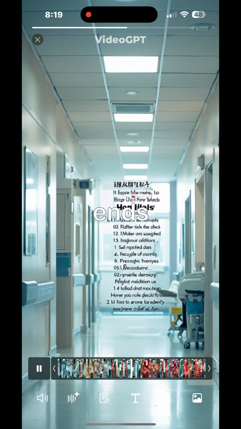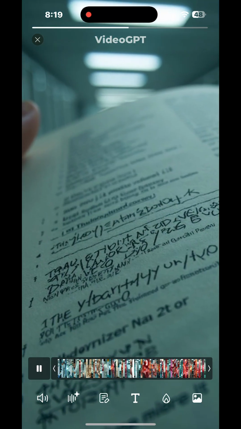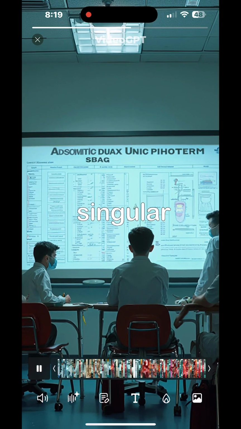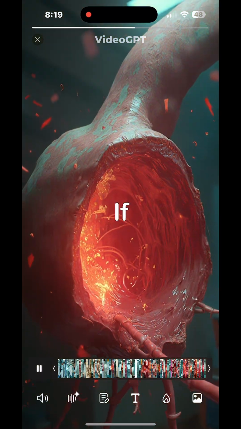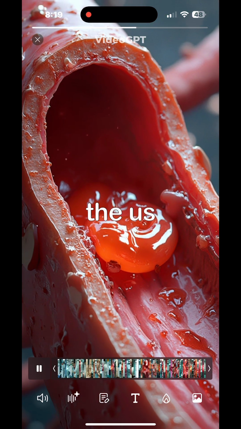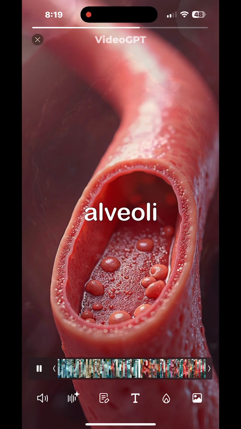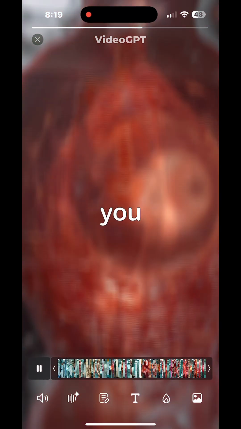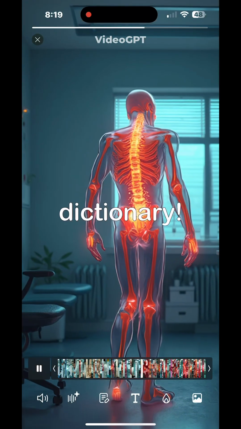If the term ends in UM, the plural is usually formed by changing the UM to A. Diverticulum, ovum, singular. Diverticula, ova, plural. 8. If the term ends in US, the plural is usually formed by changing the US to I. Alveolus, malleolus, singular. Alveoli, malleoli, plural. If you are in doubt as to how a plural is formed, look it up in a medical dictionary.